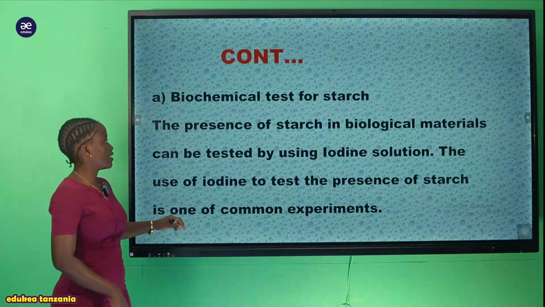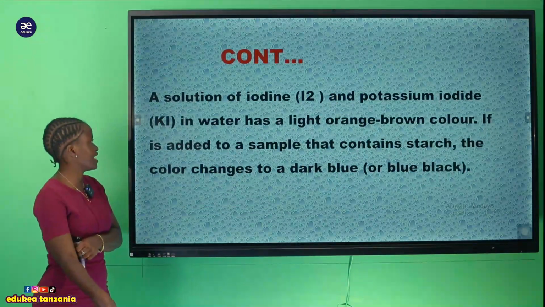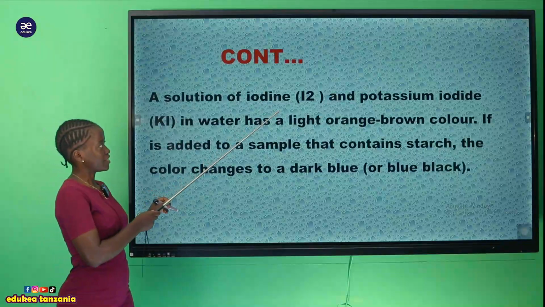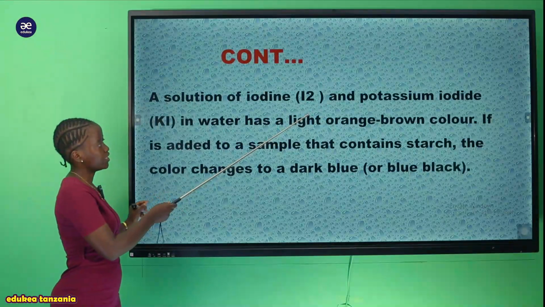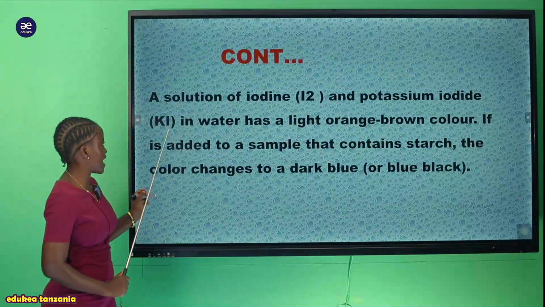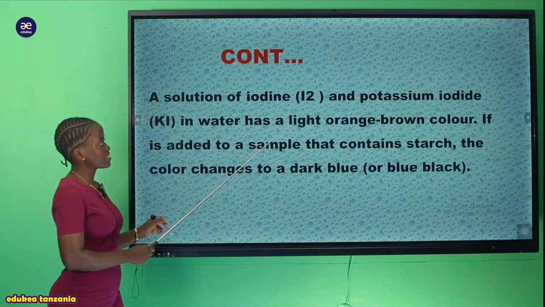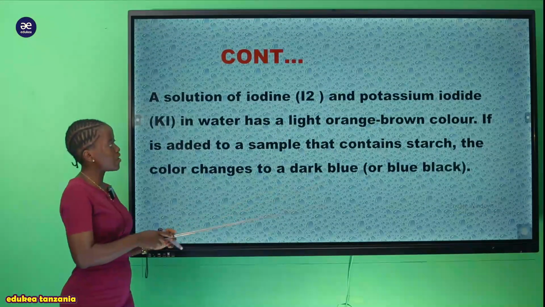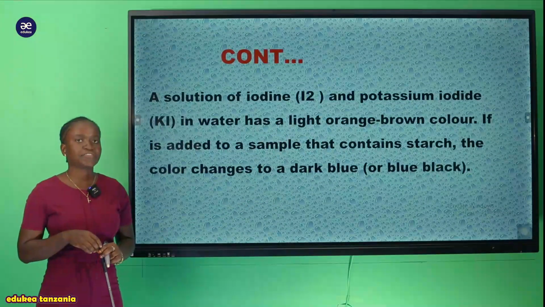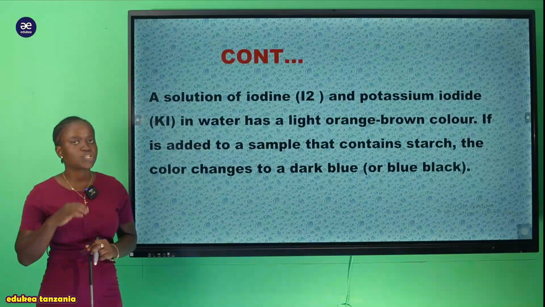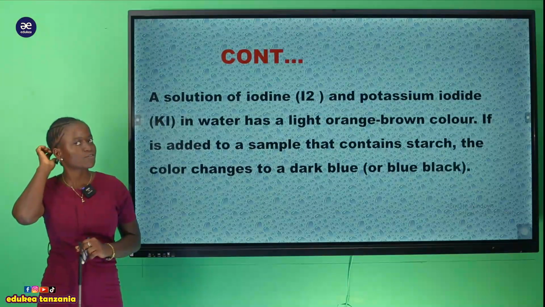A solution of iodine, that is iodine molecule and potassium iodide in water, has a light orange brown color. This is the chemical used to test the presence of starch.